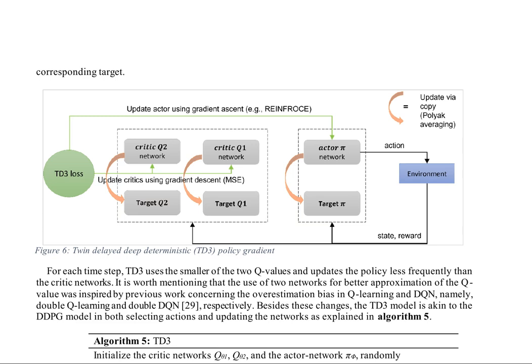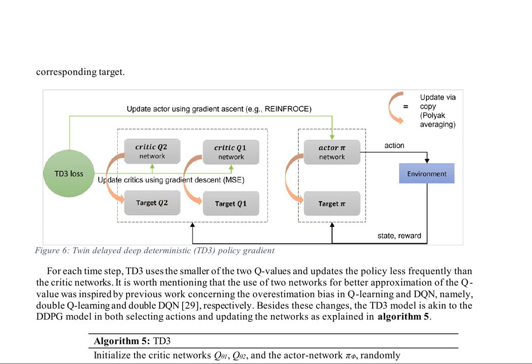The target networks theta1', theta2', and phi' are updated using Polyak averaging. In each time step, TD3 uses the smaller of the two Q-values for updating, and updates the policy less frequently than the critic networks. This method is inspired by previous work on double Q-learning and double DQN, which aim to mitigate the overestimation bias. The policy and target networks are updated using a deterministic policy gradient, with the policy updated every d time steps.